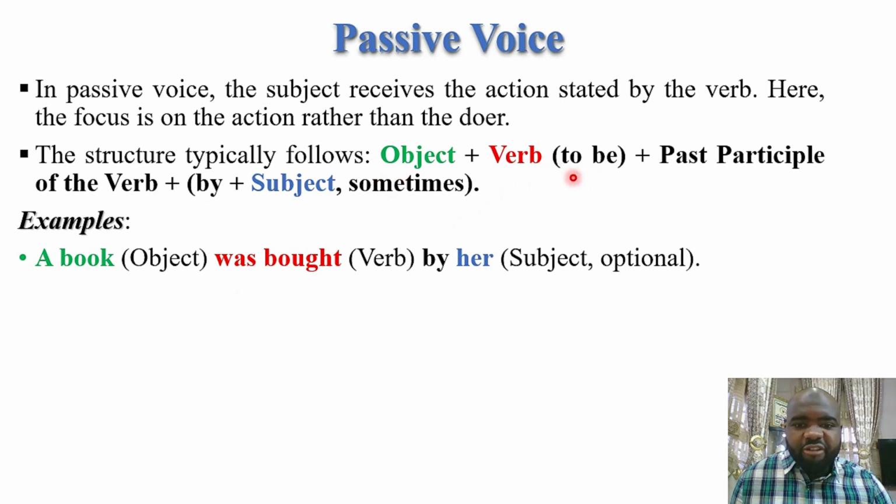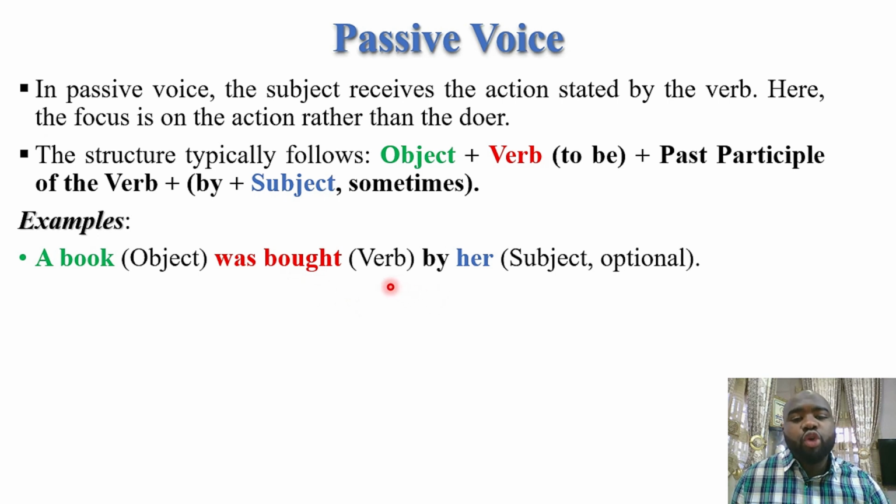Verb to be, infinitive verb. I told you it changes like a chameleon. It has eight different kinds. From the kinds, we have what? Its past tense was here. Then our verb bought is here, past participle of the main verb. The verb is buy, so the past participle of it is bought.